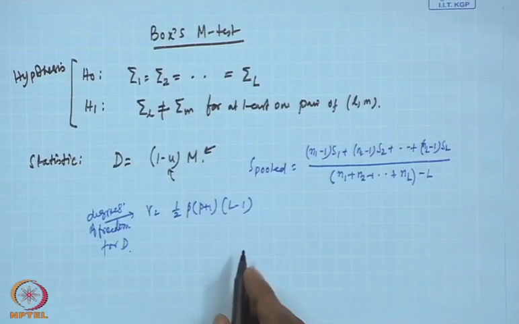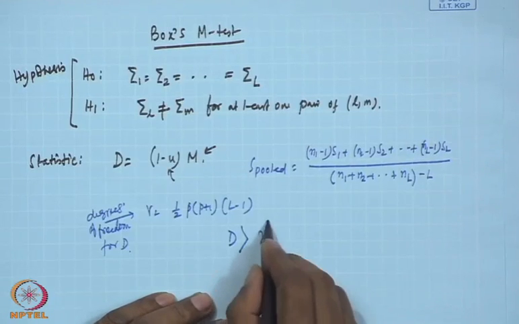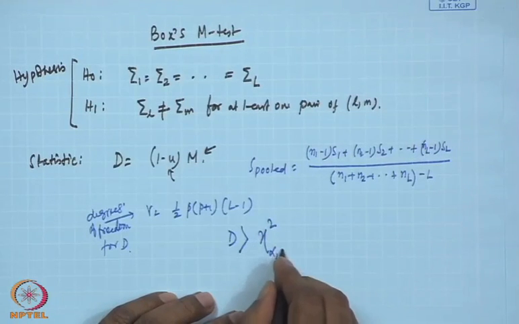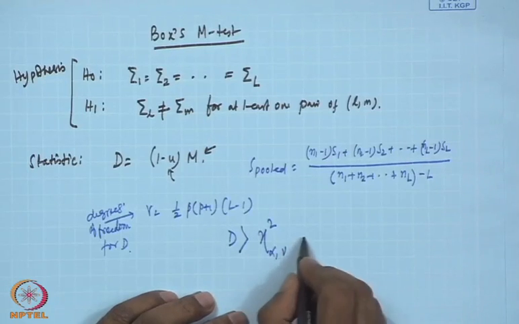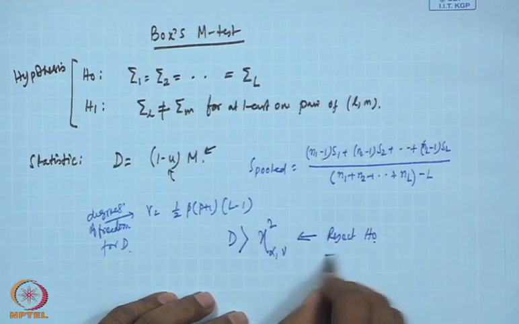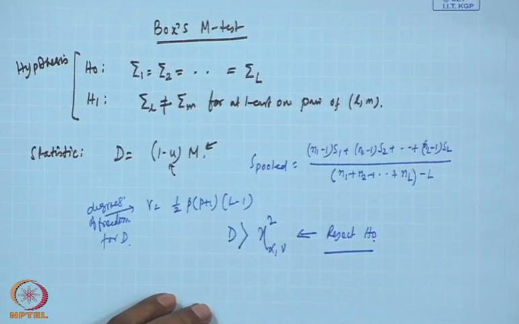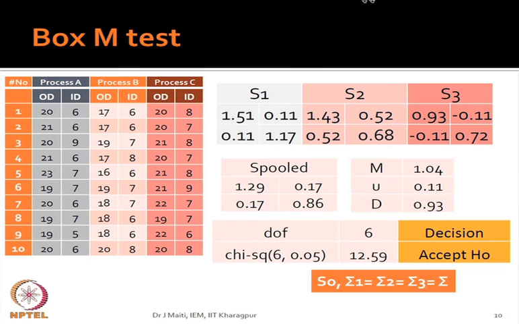So, if your D is greater than or equal to chi-square alpha and ν, then you reject H0, that the population variances are not equal. We have calculated this for this data set.